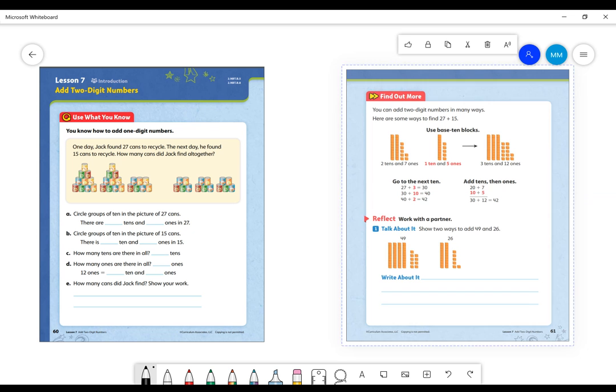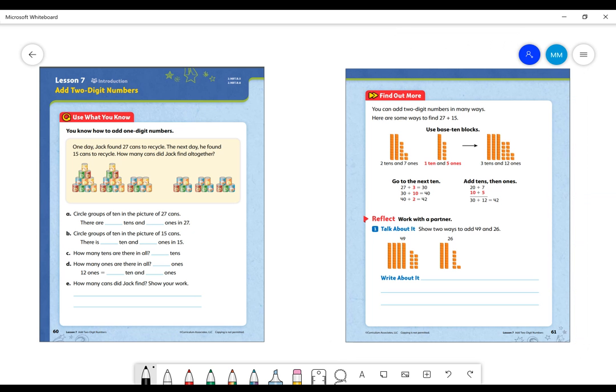So we have wrapped up our addition and subtraction strategies with adding parts and more than two parts. Now we are moving to adding two-digit numbers.